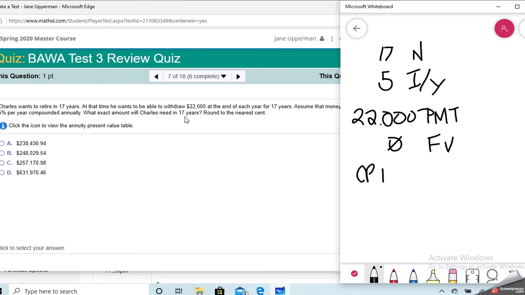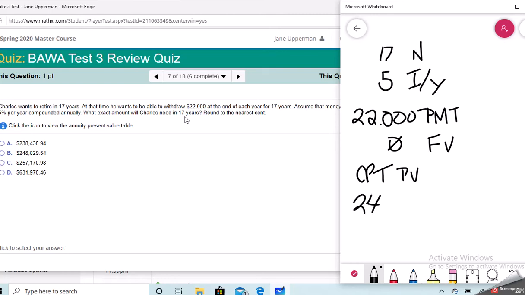And then we come back and we compute present value. Okay, so 17 is our N, 5 is the IY, 22,000 is our payment. I typed that in wrong. 22,000 is our payment, 0 out that future value and compute the present value.